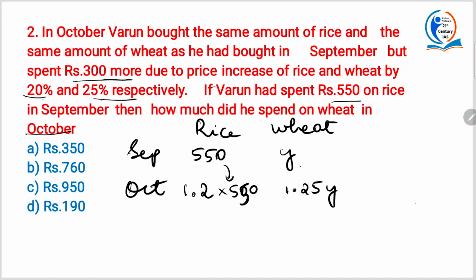Now the price difference of rice and wheat put together is 300 between 2 months. So now we have to take the difference.